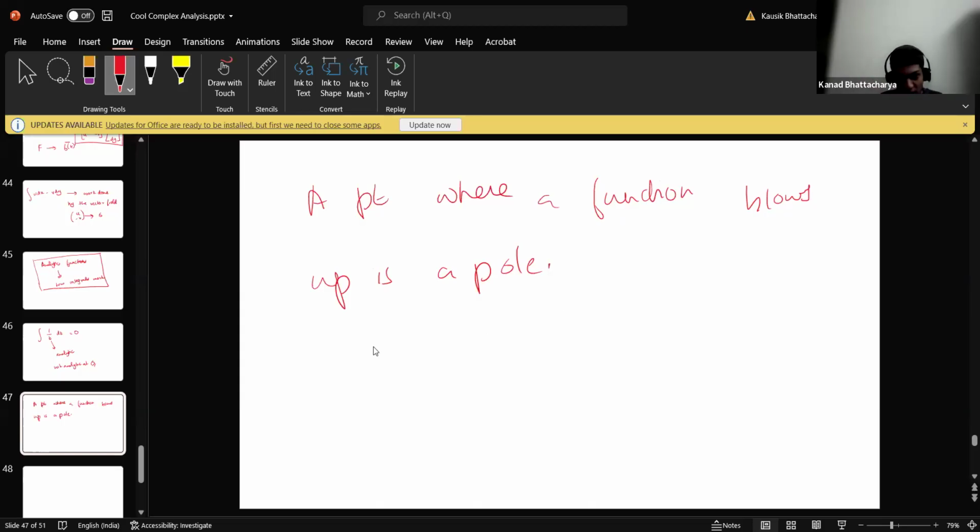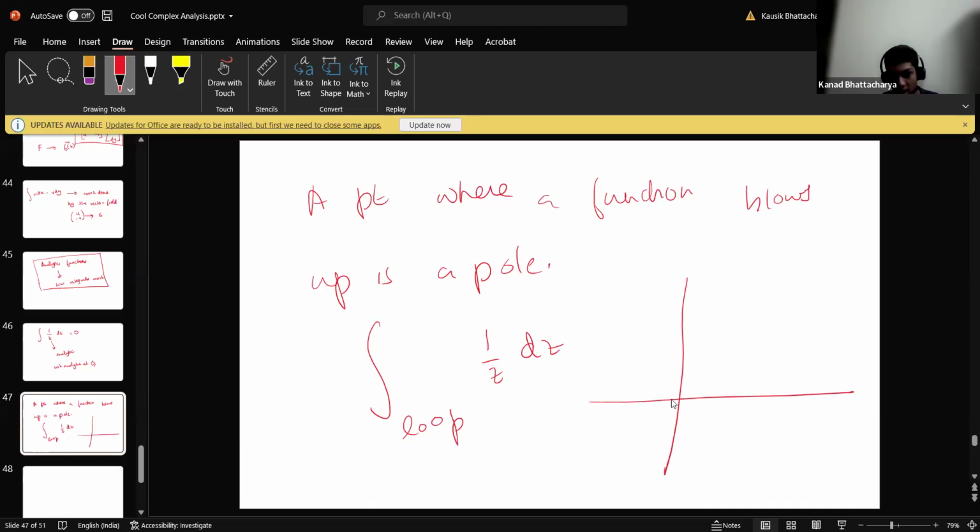If you look at the loop integral of 1 by z dz, if you take the plane and take a loop around the unit circle, where this is 1 and this is i, this integral actually evaluates out to, I believe, 2 pi i. This is a really fun exercise to test out yourself.